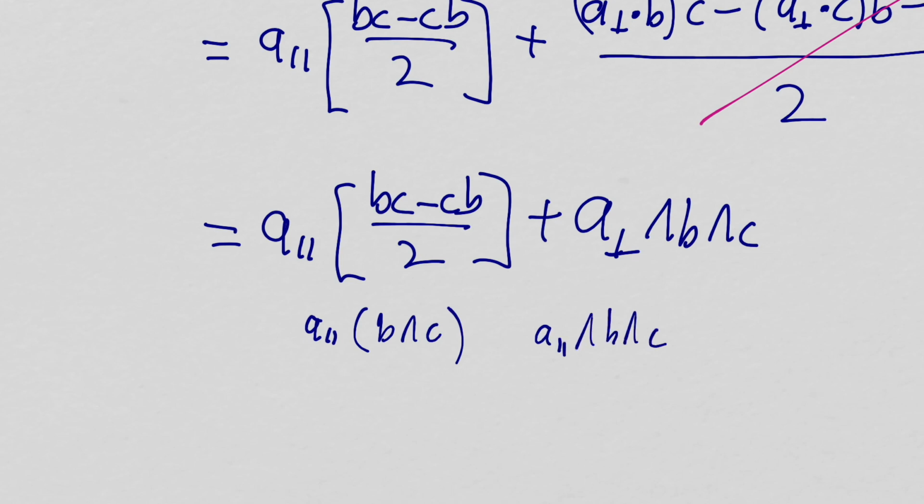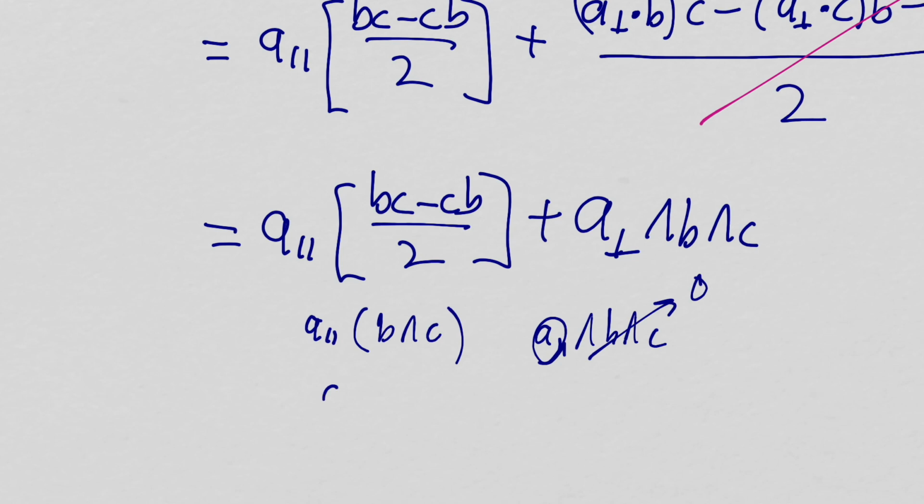But a parallel wedge B wedge C has got to be 0, because a parallel is in the plane of B and C. Therefore it's not linearly independent, and you can't make a volume out of it. It's a flat plane, so that whole thing's going to be 0.